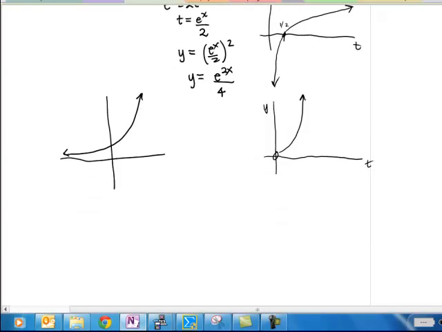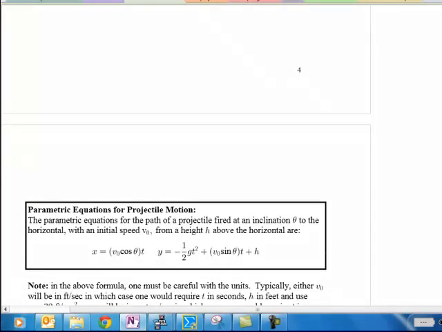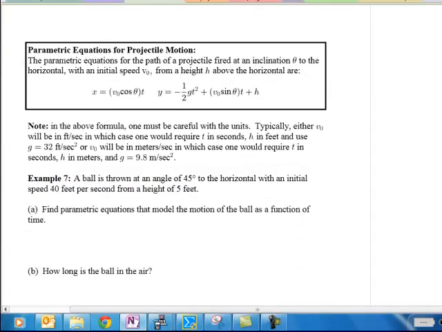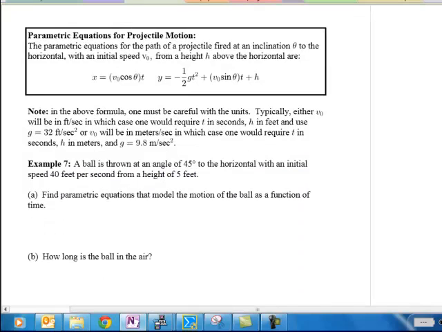All right, then the next thing we want to look at is these sets of parametric equations for projectile motion. And these equations will be used extensively in physics, and you'll see them again in Calc 2 when you get there.